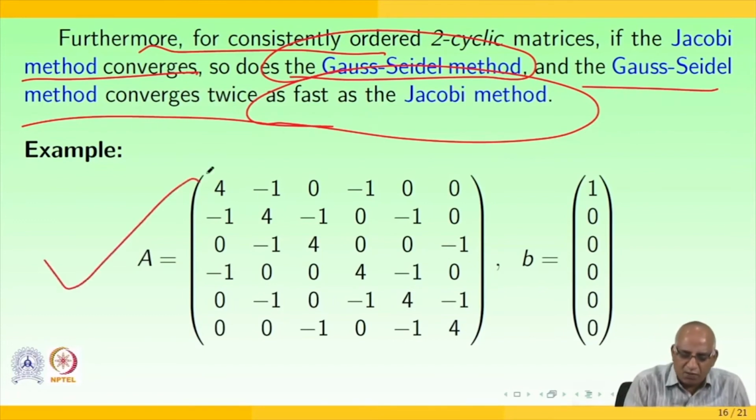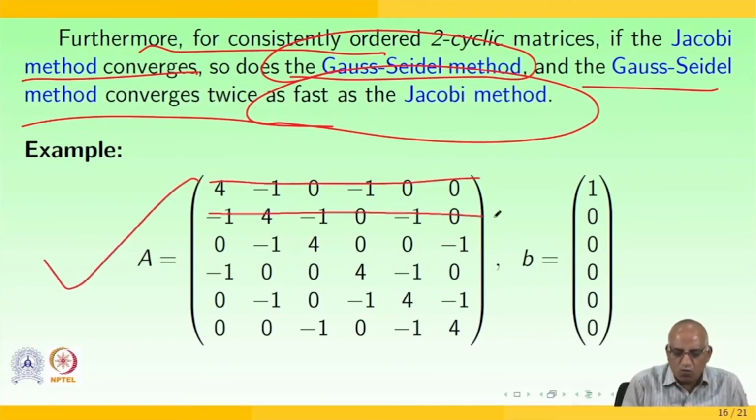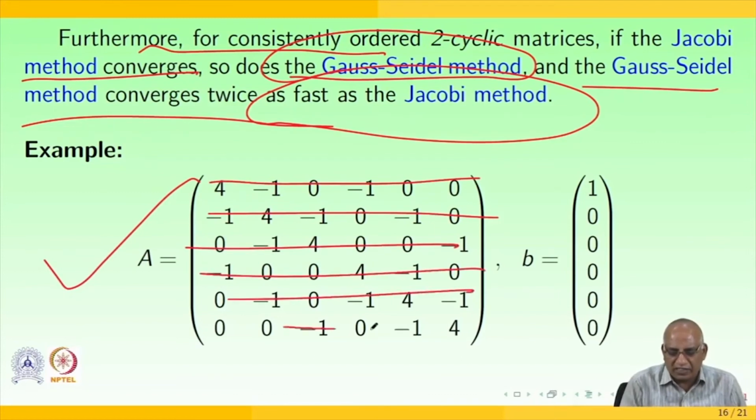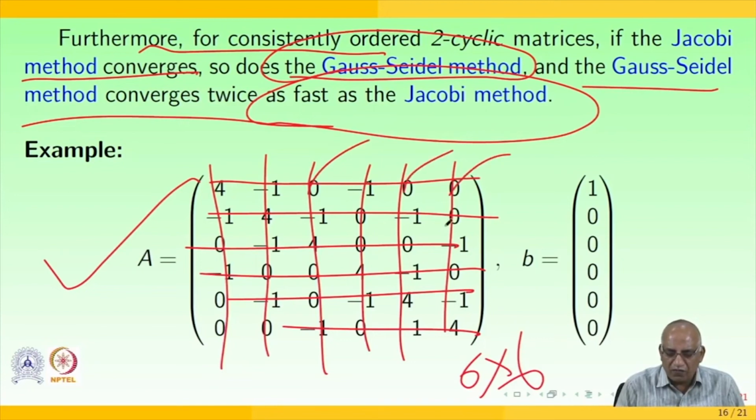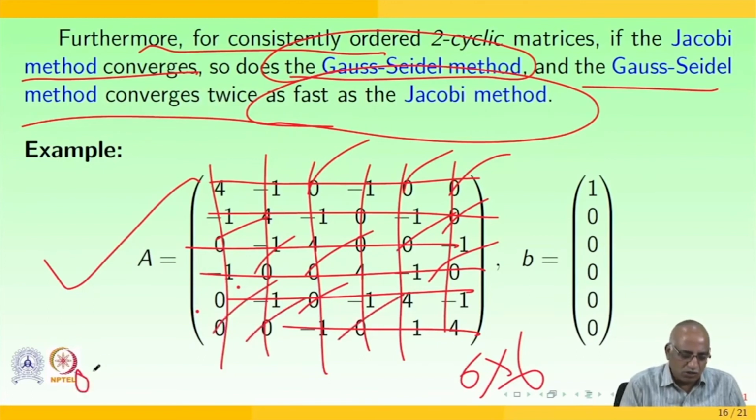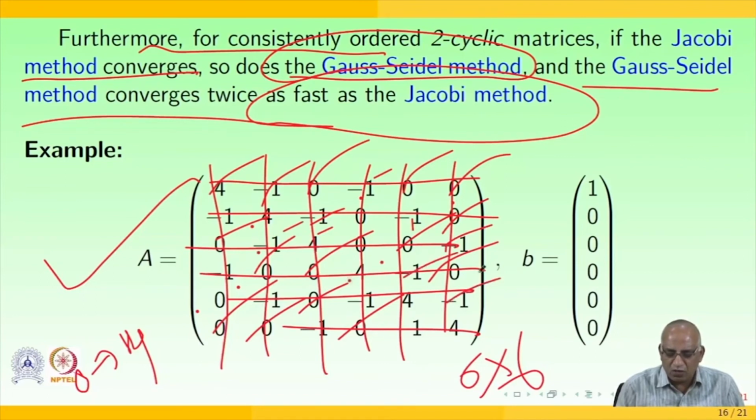Now if you take this example, look at this: it is a 6 by 6 matrix with 6 rows. Here the zeros are 14 and the non-zeros are 20.